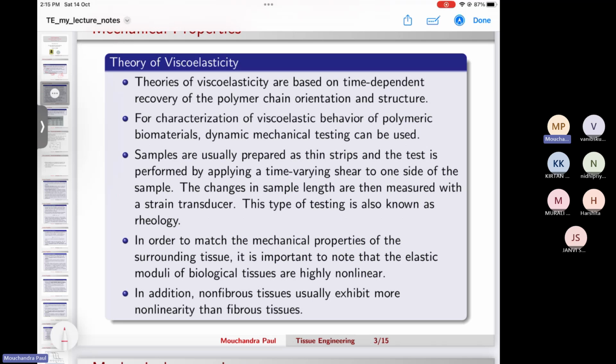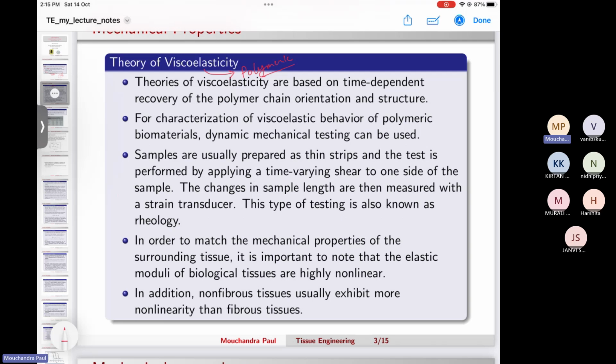Now, we look into a very big class of material, that is polymers. Many of the polymers are often characterized as viscoelastic, meaning they have elastic property as well as viscosity.